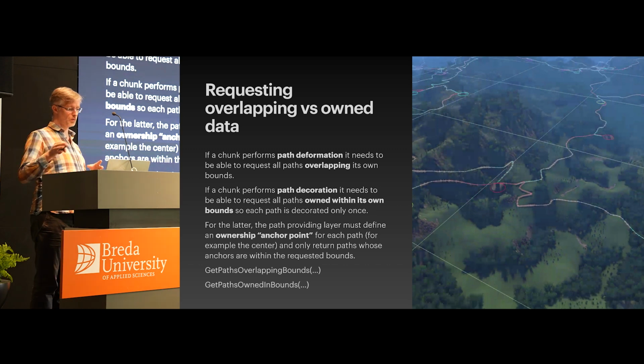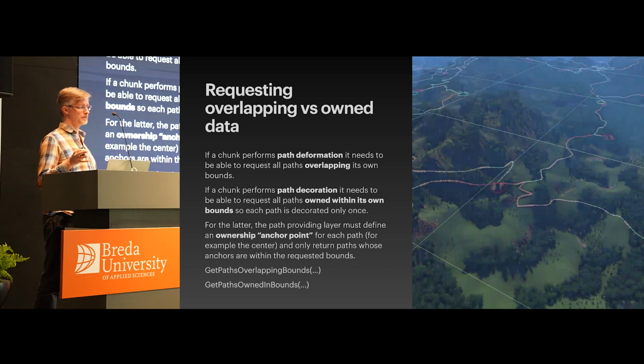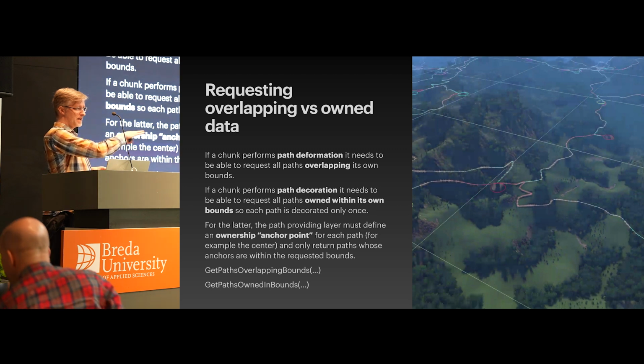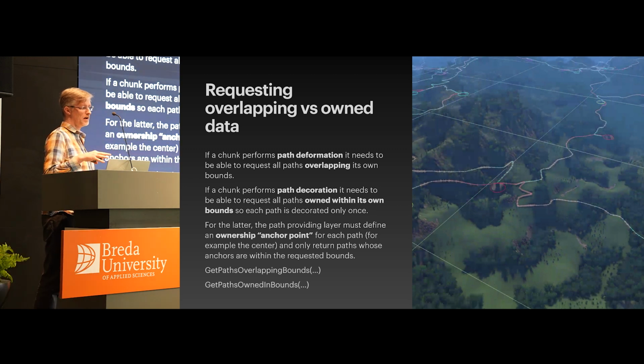So, for example, when we're talking about paths going through the terrain, if you need to do path deformation, like flattening the ground where the paths are, then the chunk that needs to do this work needs to get all paths that overlap that chunk so that the paths can seamlessly be deformed in exactly the same way on both sides of a chunk boundary. So it would need to request all paths that are overlapping its own chunk bounds.